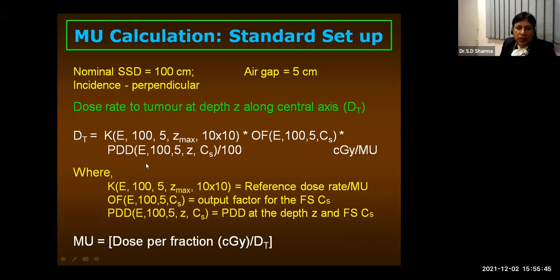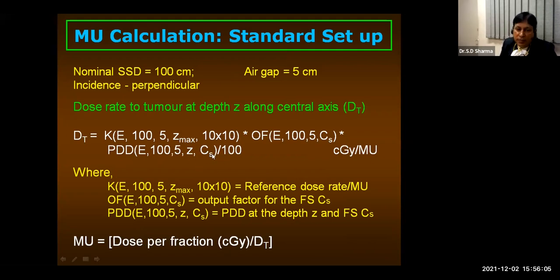So these are the parameters. Then the percentage depth dose for the same setup, beam energy, SSD of 100 centimeter, 5 centimeter air gap, treatment depth, whatever depth we want to deliver the dose, and collimator opening.